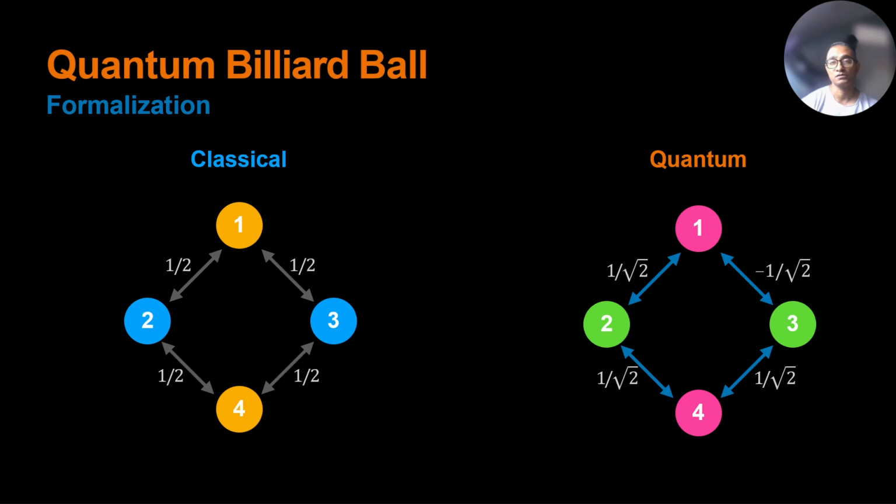Now, the important point to notice in the quantum system is that we also have negative amplitudes, which means if we square them for the probability distribution, we get the same probability as in the classical case. So (1/√2)² is 1/2, and (-1/√2)² is also 1/2.